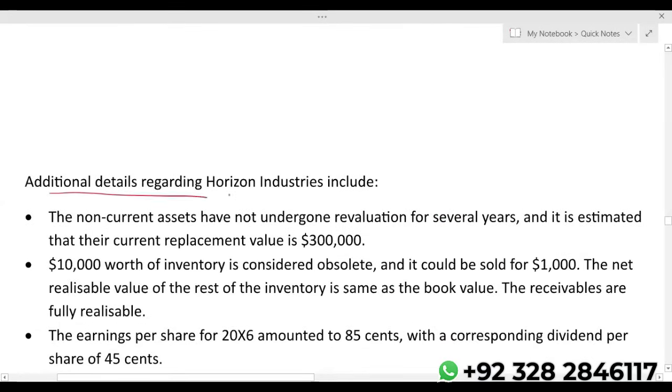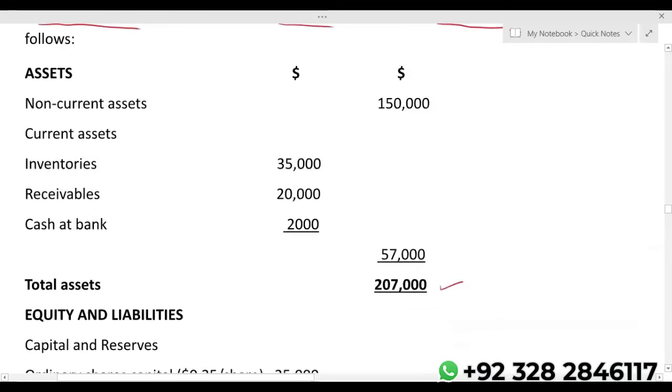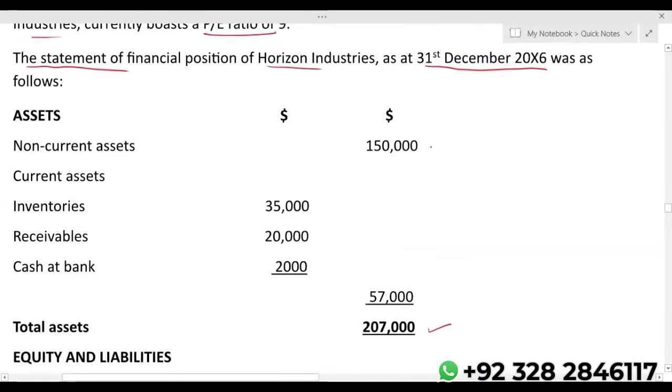Additional details: the non-current assets have not undergone revaluation for several years, and their current replacement value is 3 lakh. So whatever is the current value available, I'll use that, which is 300,000. Now come here. Instead of 150, I'll use the value 3 lakh.